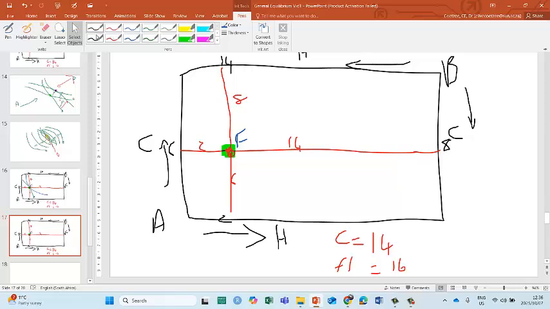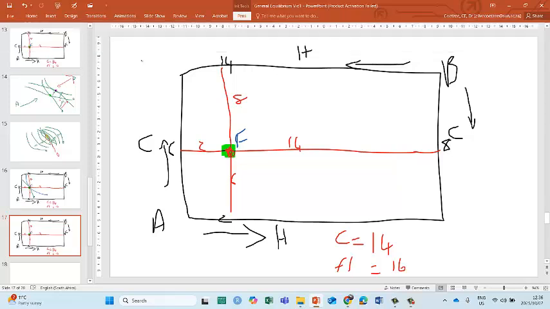Okay, so let's quickly have a look. Let's say this is A again. This is person A, and person B is like that.